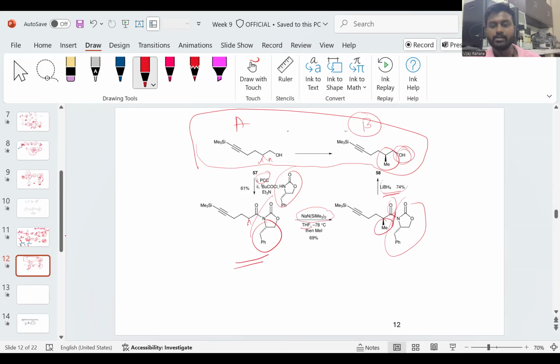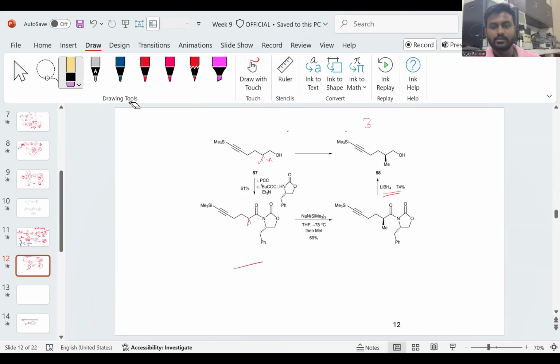So by using this one simple reagent, we can convert this compound to this one, just by the first addition of the chiral auxiliary.